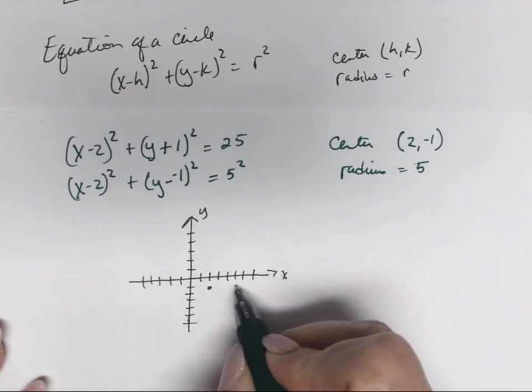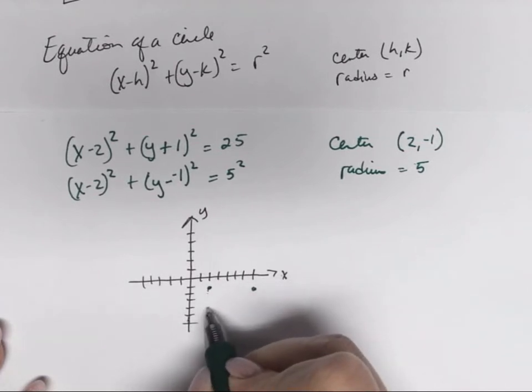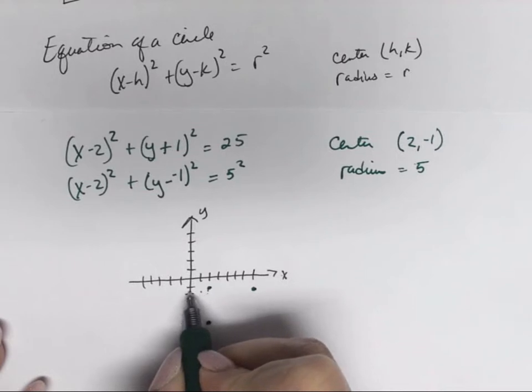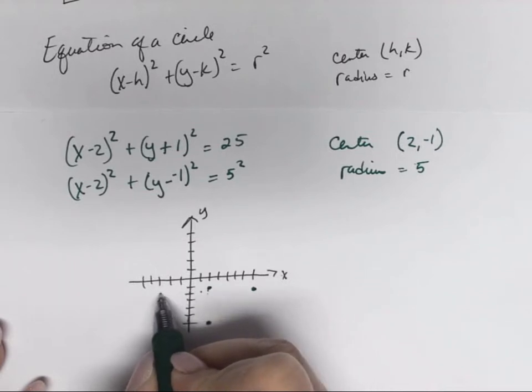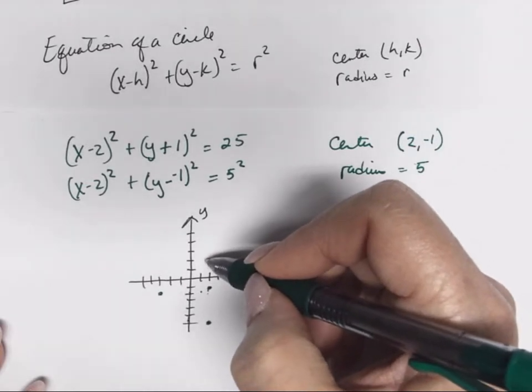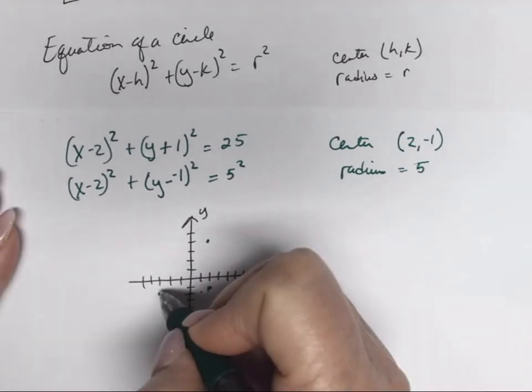So 1, 2, 3, 4, 5. And then 1, 2, 3, 4, 5. And 1, 2, 3, 4, 5. And up 1, 2, 3, 4, 5. I can tell that I'm a little off on my spacing, but it'll be fine.